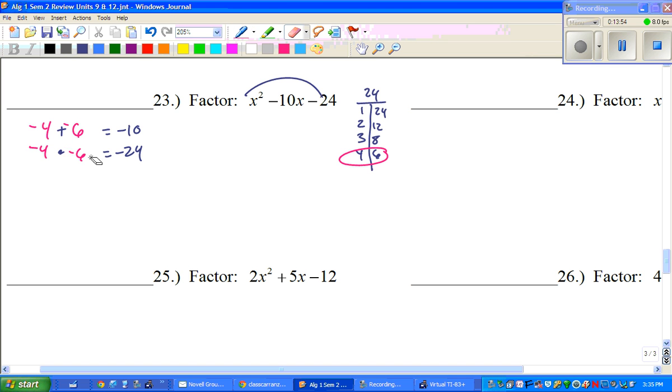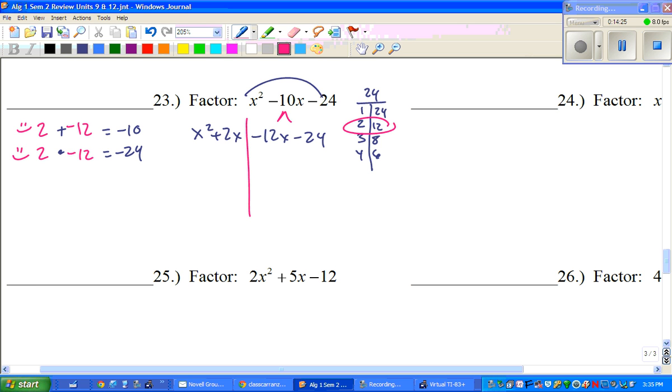No. And so it has to work in both cases, guys. Okay. What about 2 and 12? 2 and negative 12, well, that works. And 2 and negative 12, that works. So by splitting the middle term, we get x squared plus 2x minus 12x minus 24.